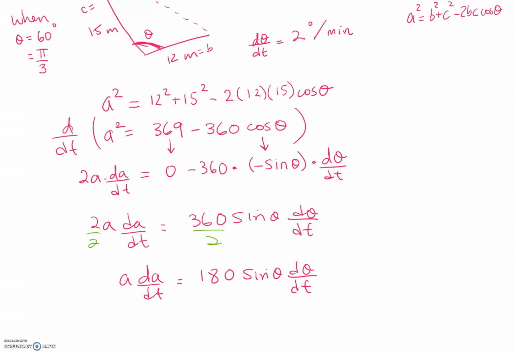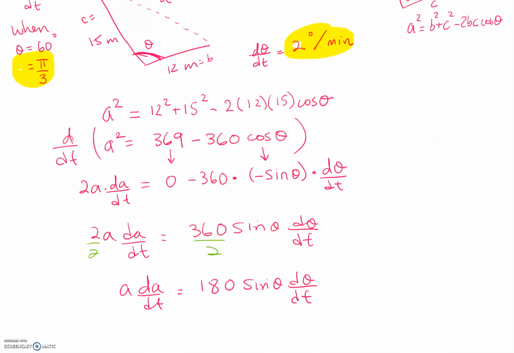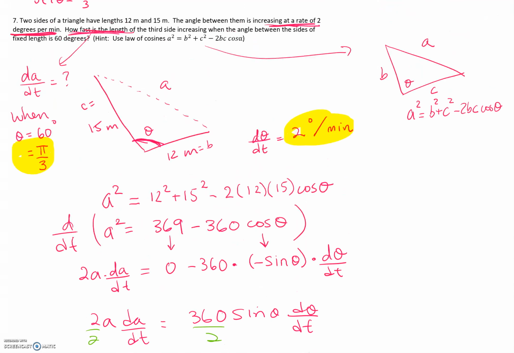Now I'm ready to plug in the knowns. We know the angle is pi over 3. We also know d theta dt is 2 degrees per minute. Let's change that to radians per minute, because everything we punch in here has to be unitless, since ultimately I'm looking for dA dt in meters per minute, because this was in meters.